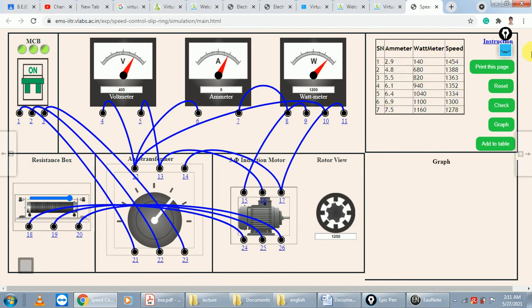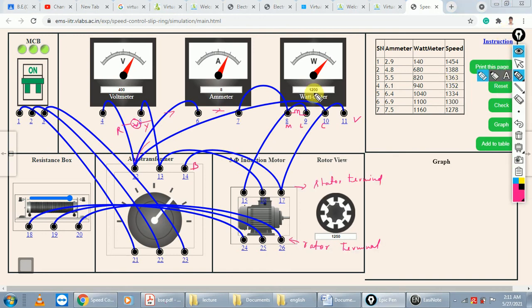In the readings, it is clearly visible what happens when we increase the rotor resistance. This is your rotor resistance R. From up to down we increase the value of rotor resistance. Suppose these are R1, R2, R3, R4, R5, R6.